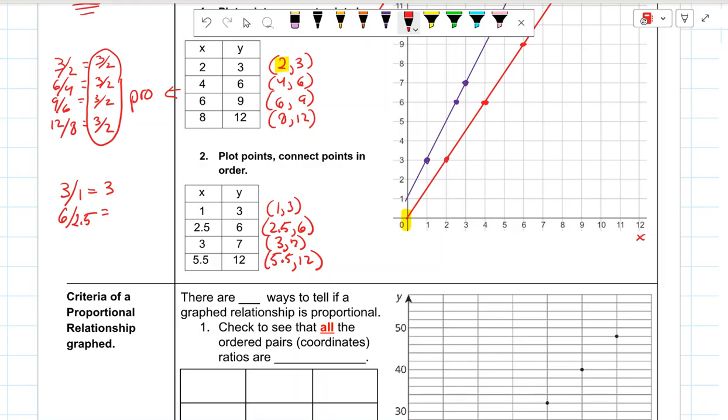So 6 divided by 2.5 is 2.4. So right away, since we already have something that's not matching, we know that this is not proportional. All right. So that is the difference.